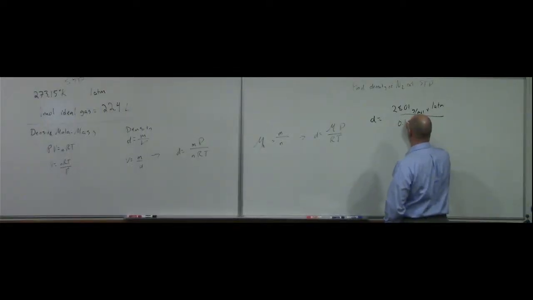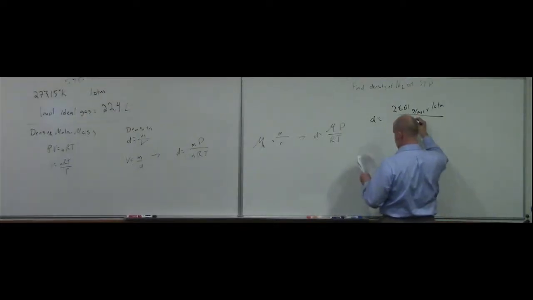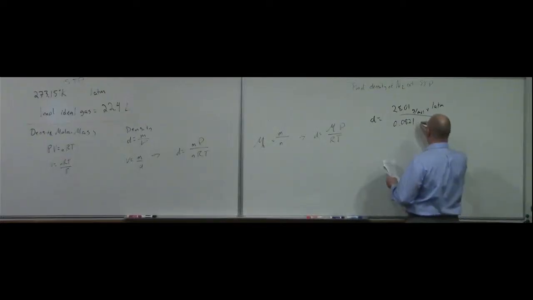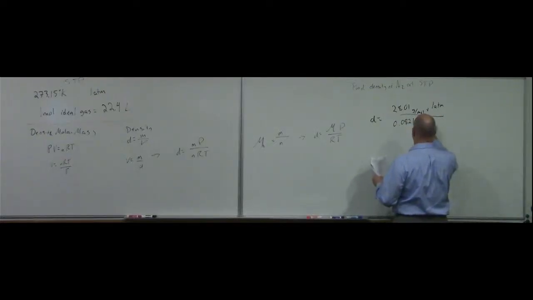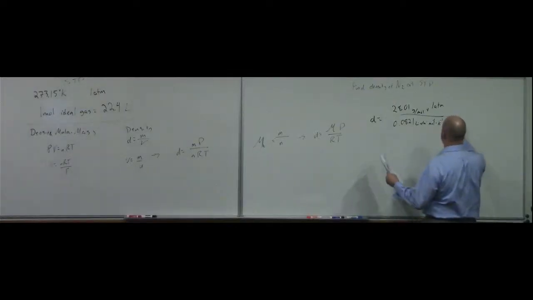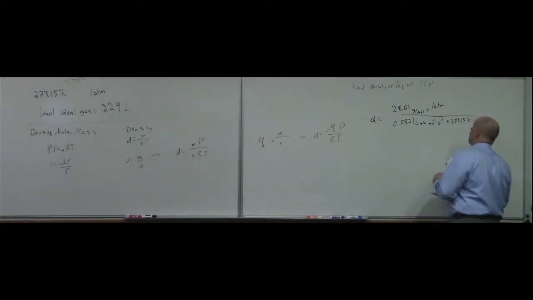And R is 0.08206, which we round to 0.0821, in liters atmospheres per mole per Kelvin, times standard temperature, 273.15 Kelvin.